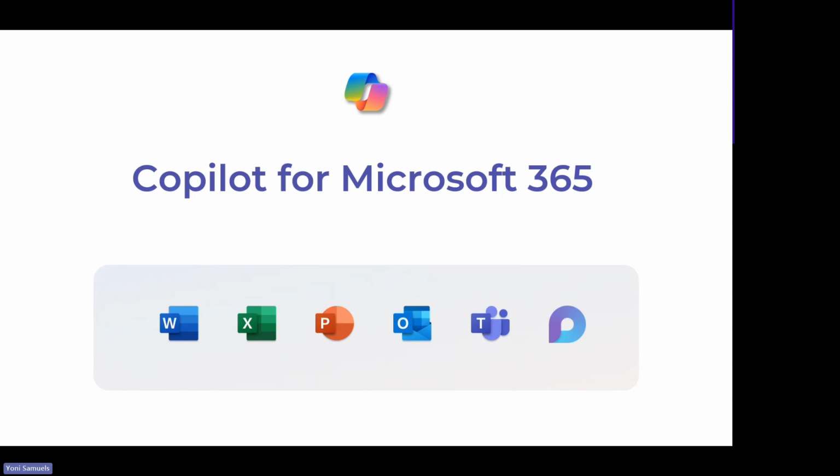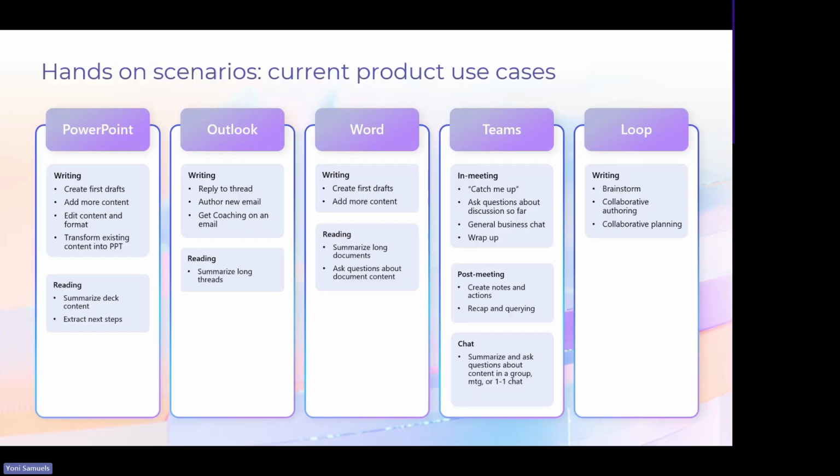Here are some of the examples that I think were in the video, as well as written out here. In PowerPoint, you can create a presentation based on a prompt or based on another file. If you have a Word document, you can say, use this Word document as a reference to generate a presentation. In Outlook, you can summarize email chains.